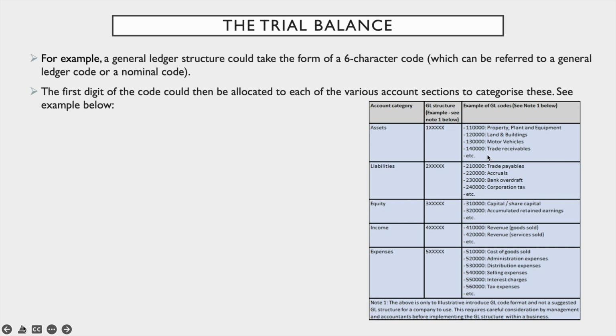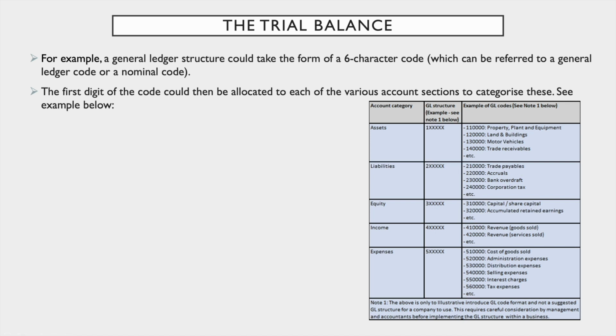So trade receivables is there. Bank, for example, would be another asset, or inventory would be another asset, so that would start with a 1. Then for liabilities, we'll begin with 2, so 21 followed by 4 zeros would be the general ledger account for trade payables. And then some examples are down here, so that same number convention would be the same for equity, income and expenses, and some indicative GL codes are here.